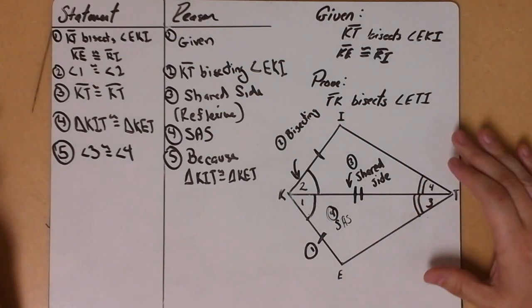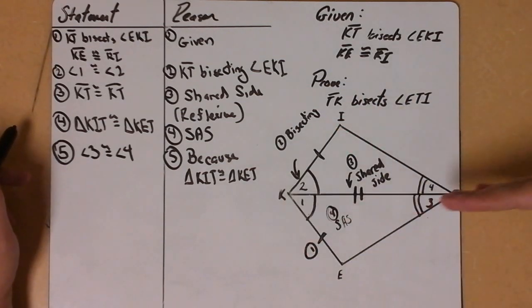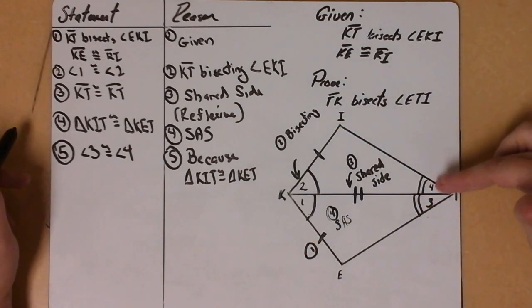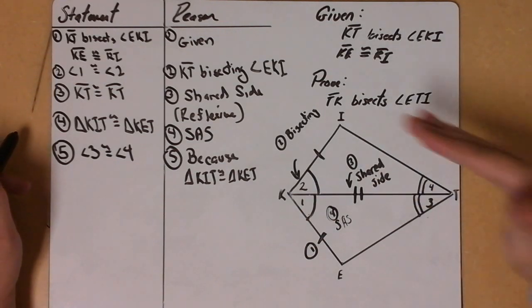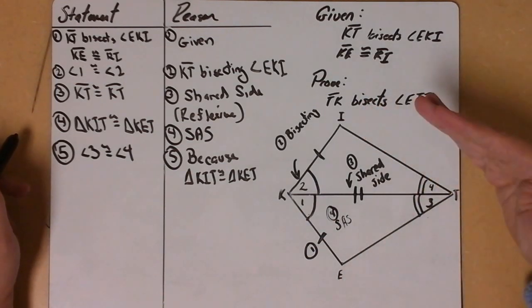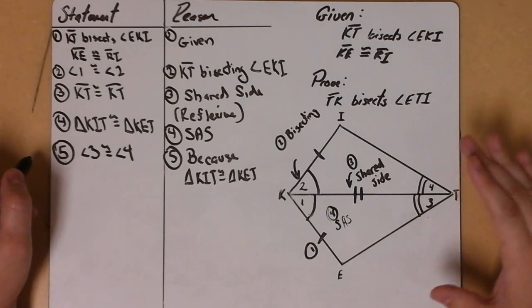I'm hoping that's clear. So because angle 3 and 4 are the same, that means that side KT is cutting ETI in half. And that's exactly what I'm going to state.